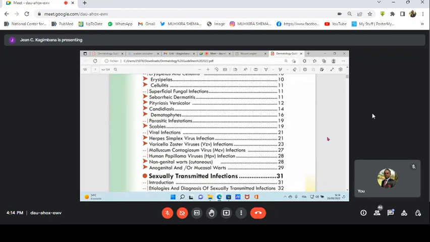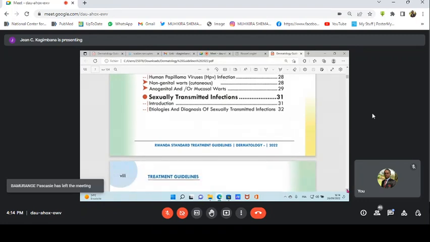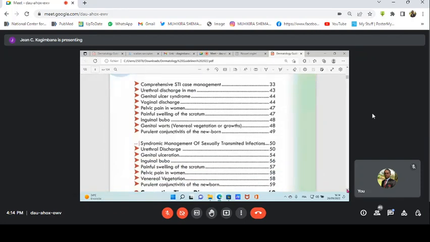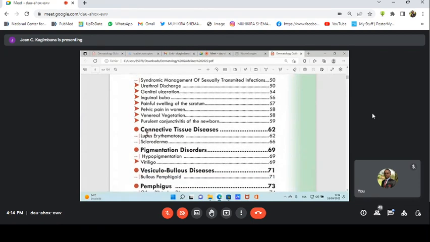We'll go through these topics tomorrow. I think tomorrow afternoon I will cover STIs, a syndromic approach to how you diagnose and treat STIs syndromically. Maybe if we have time, we go to connective tissue, pigmentation disorders, vesicular bullous.